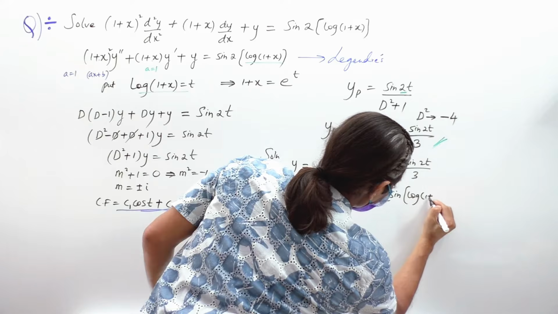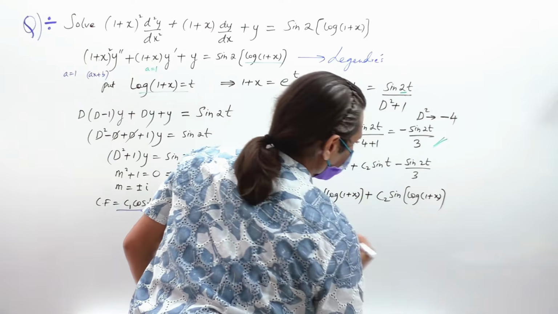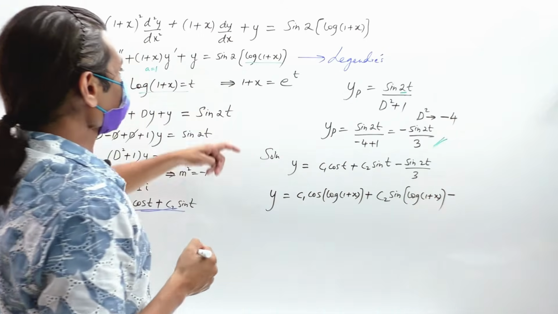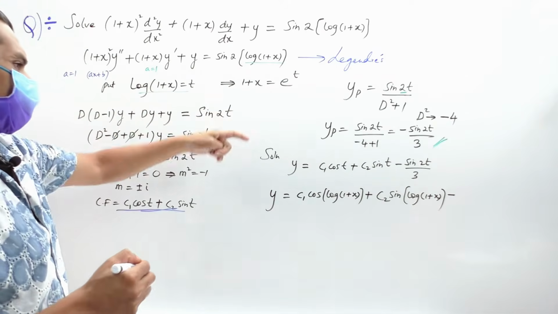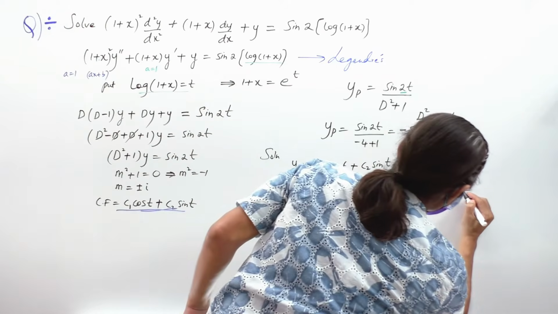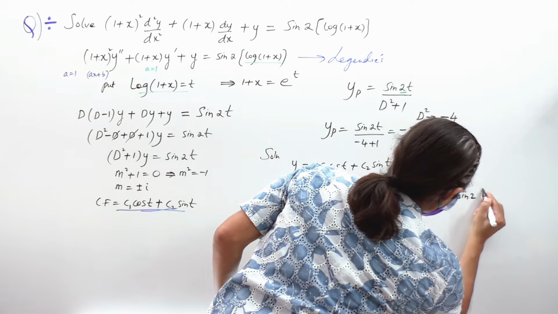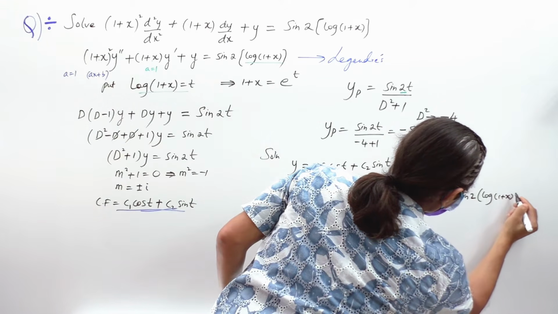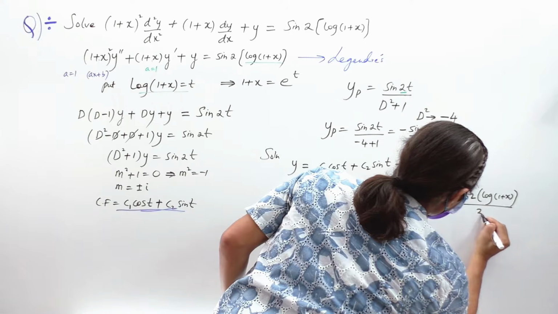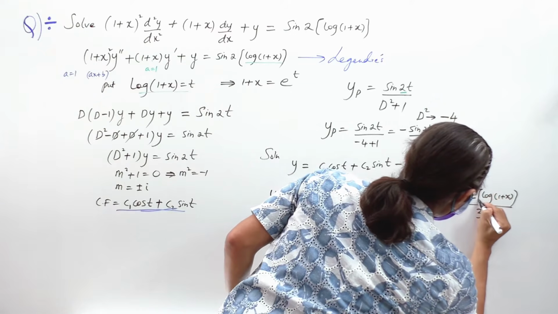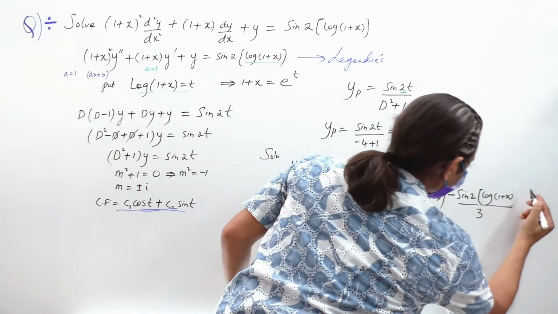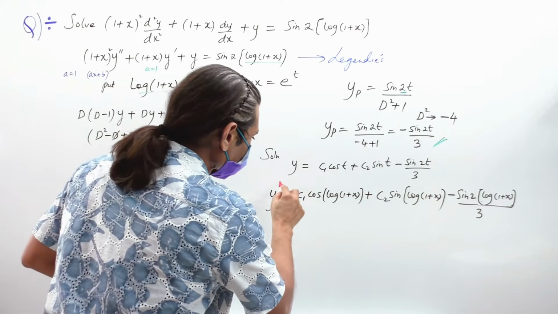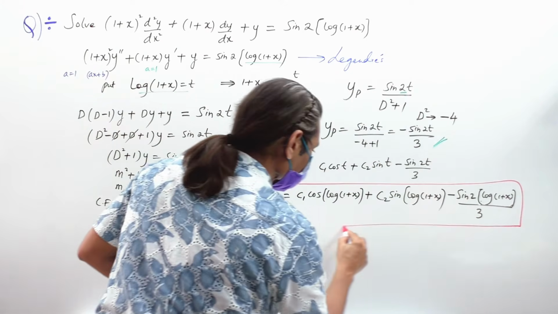minus sin 2t, same thing, sin 2 into log of 1 plus x whole divided by 3. That's the solution. Clearly, and it should be legible.